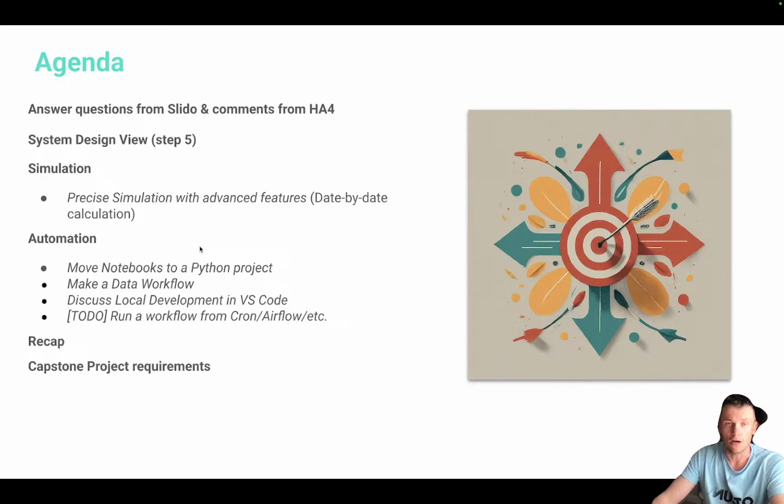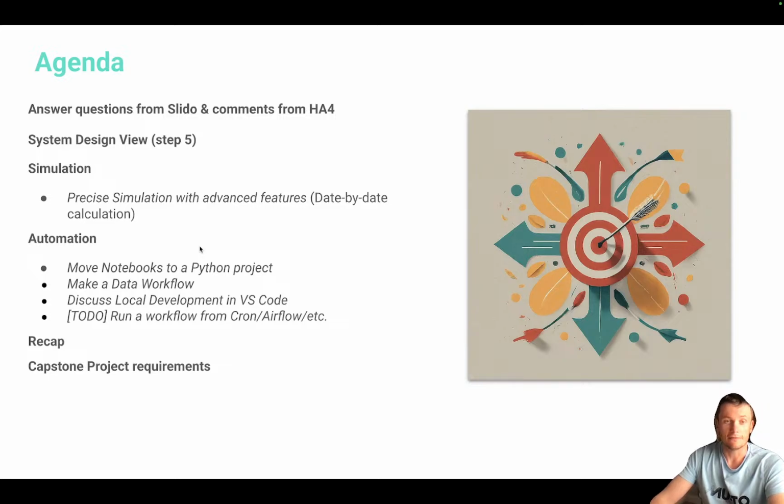I'll show you how to create a Python project in the Visual Studio Code environment, how to move code from the several notebooks that we covered during the lectures into Python scripts, and how to create one data workflow that you can run locally from a Python file or from the interactive environment Jupyter notebook on your local computer and not on Google Colab.